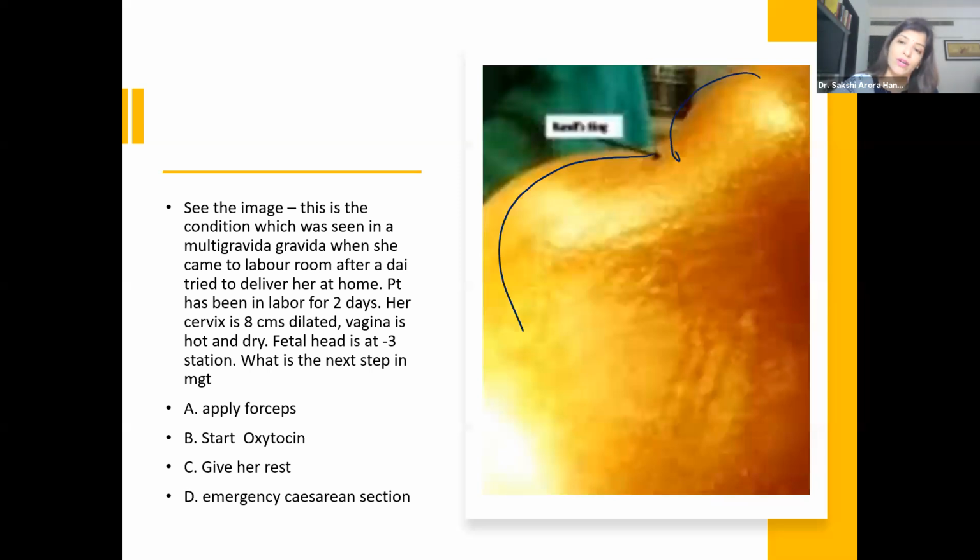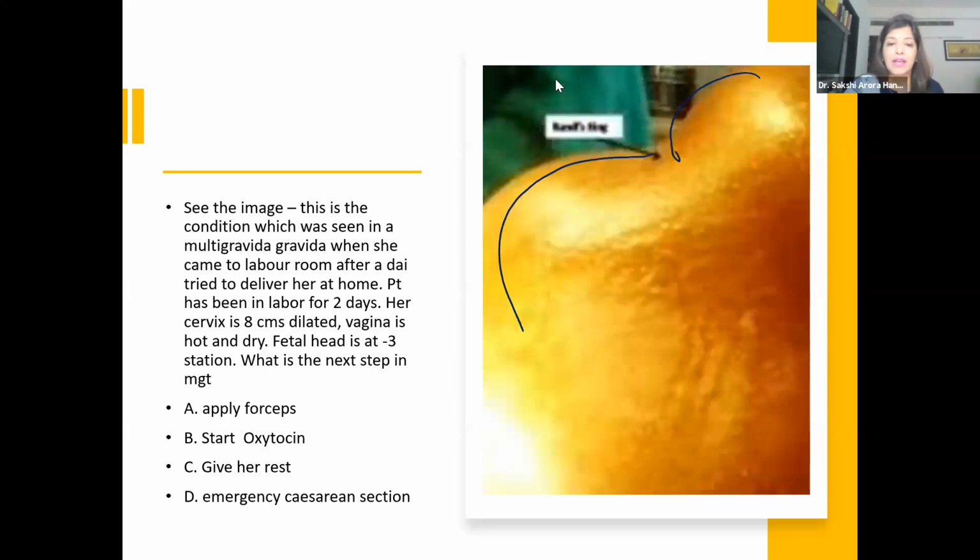I saw someone of you typing the answer as oxytocin. But in a case of obstructed labor, you are never going to give oxytocin because it is going to lead to rupture of the uterus. The problem is not with uterine contractions. The problem is that there is some obstruction in the passage because of which delivery is not happening.